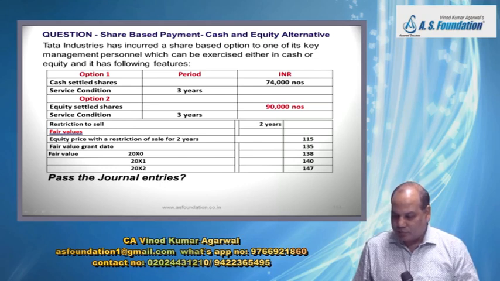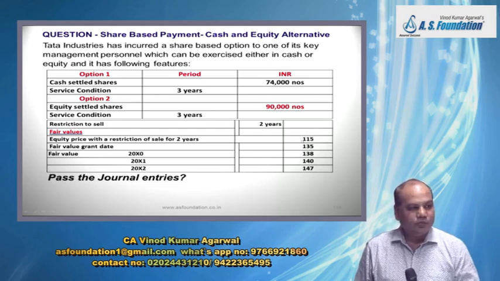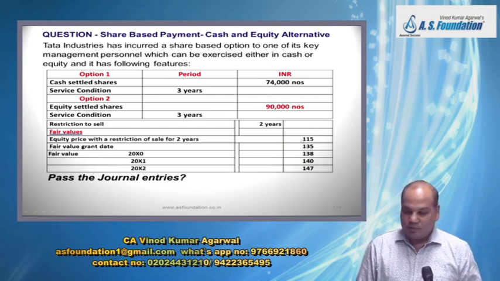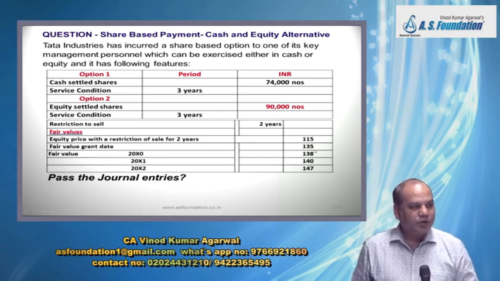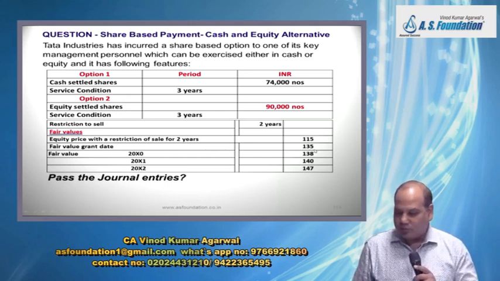Fair values. Equity price with a restriction of sale for 2 years is 115. So 115 multiplied by 90,000 will give you the fair value of equity settlement. And fair value granted 135 into 74,000 will give you the fair value of cash settlement. If the difference is positive, then we'll call it the equity component.